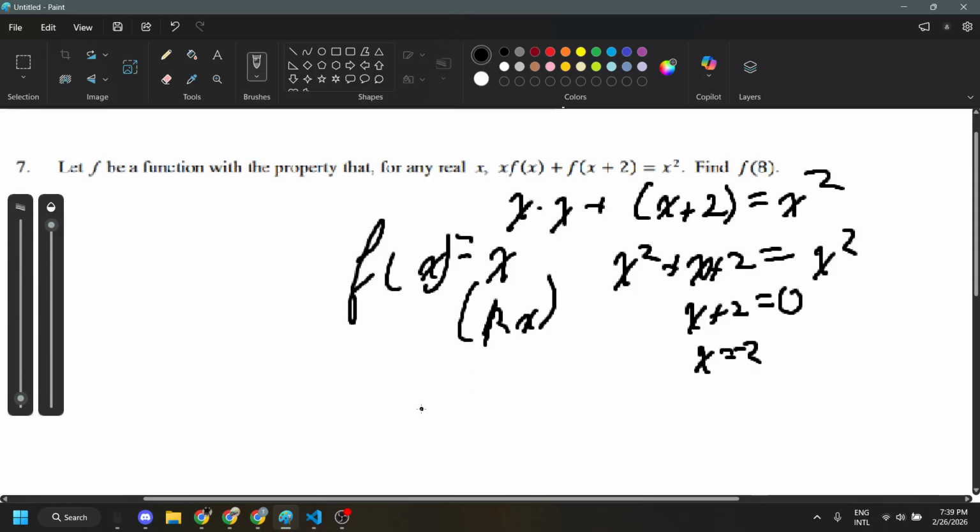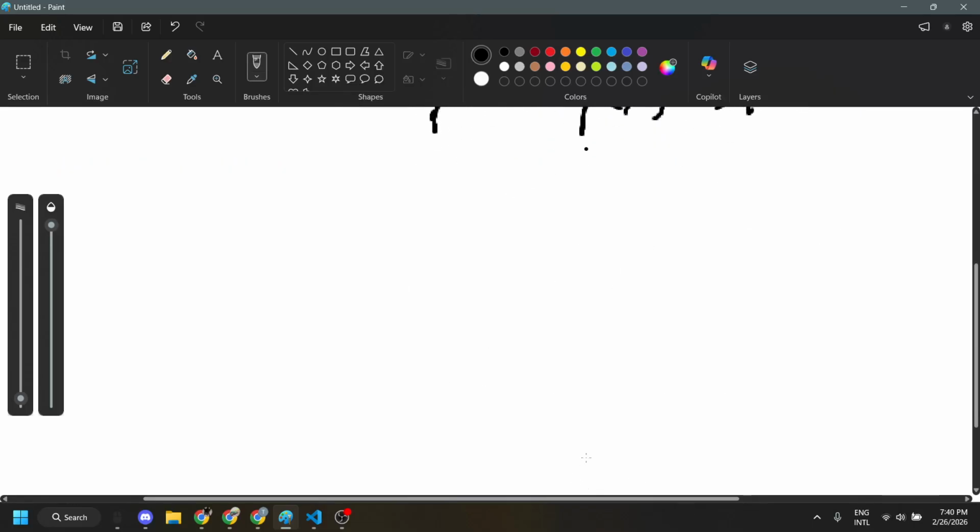So if x is equal to negative 2, f of x is equal to x? Okay. What does this tell us? Oh, this tells us that f of negative 2 is equal to negative 2.